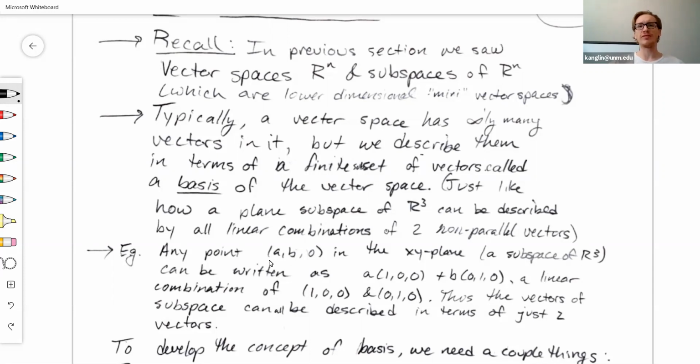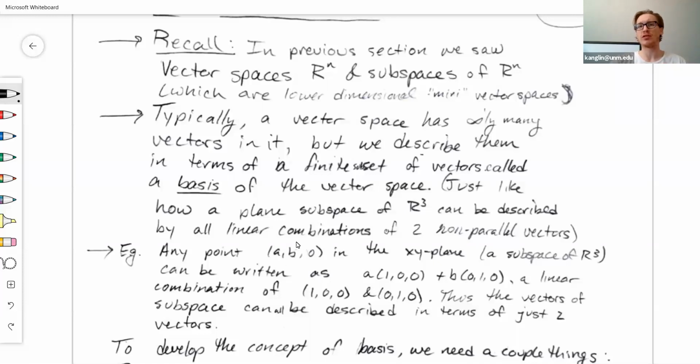But if we take vectors of this form (a, b, 0), we can decompose that into a times (1, 0, 0) plus b times (0, 1, 0), right? Multiply this a back through this vector and the b back through this vector, add them together, and you will get (a, b, 0). The only point of doing that is that we can show any vector of this form.